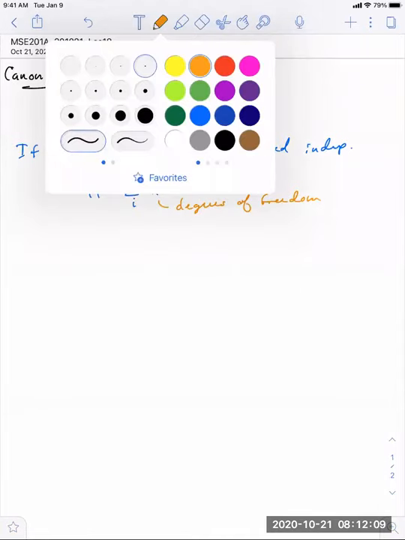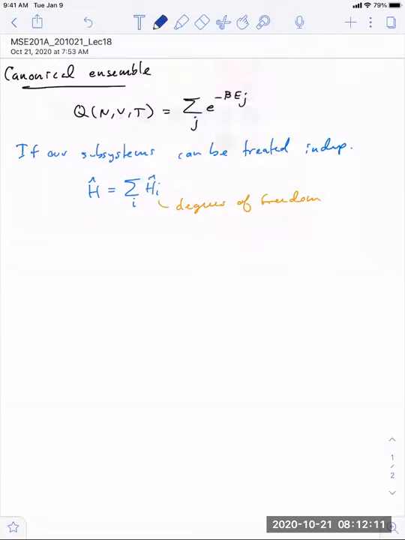So similarly, we can then rewrite our overall system partition function as the product over these degrees of freedom.